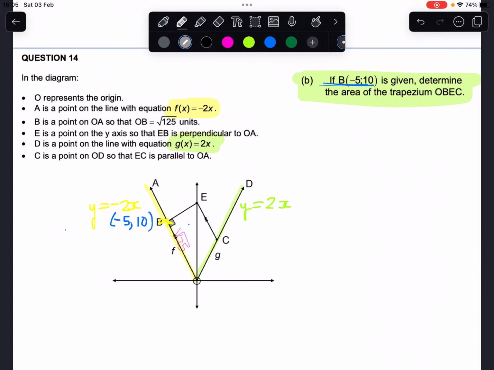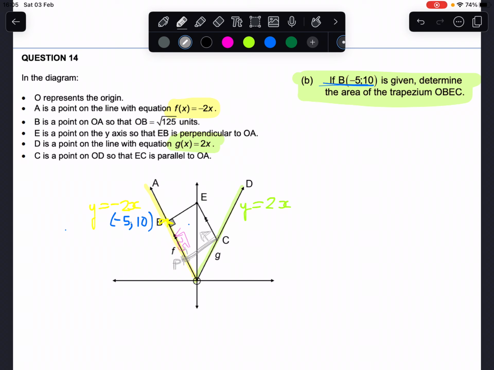I'm just going to split it up, right? So something like that. And we'll just call that point P, because why not? Okay. And we're dealing with 90 degrees over here and 90 degrees over there. So ECPB is a rectangle and CPO would then be a right angle triangle.